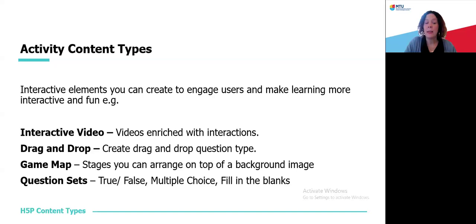You have the game map where you can upload an image and set up stages. That's one of their more recent content types. You've got the question set, where there are about 6 different options that you can add. So they're the categories.